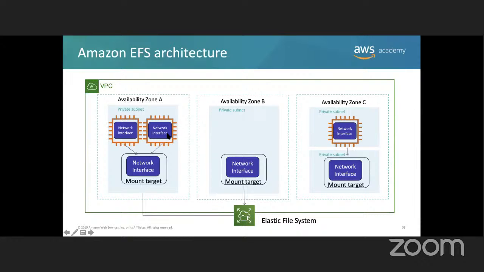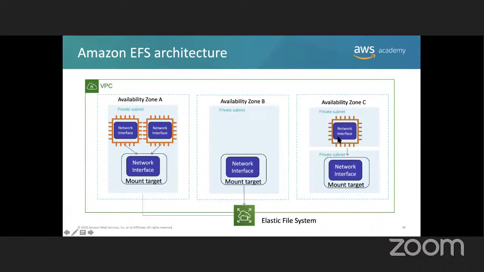Okay. Now you can have 6 mount targets, because the mount targets depend on how many availability zones are available in a region. In the case of Northern Virginia, we have 6 availability zones, which means that you can have 6 mount targets.